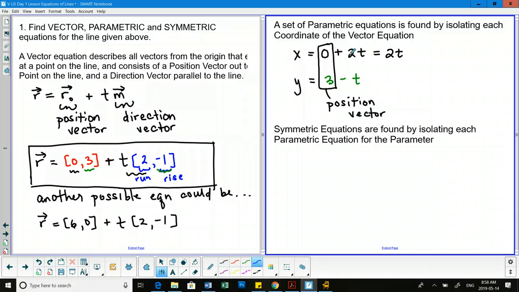Maybe I'll just put the actual 1 there so that everyone can see it. The 2 and the negative 1 are taken from our m vector, or our direction vector. So just splitting them up into their x and y components is what we're doing. The final parametric equations are x equals 2t and y equals 3 minus t.